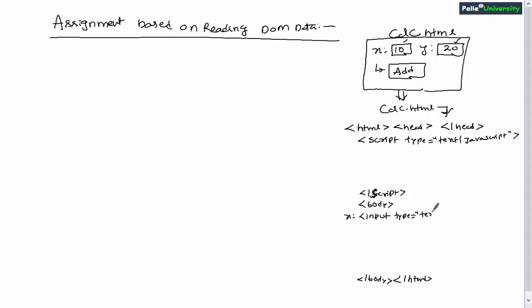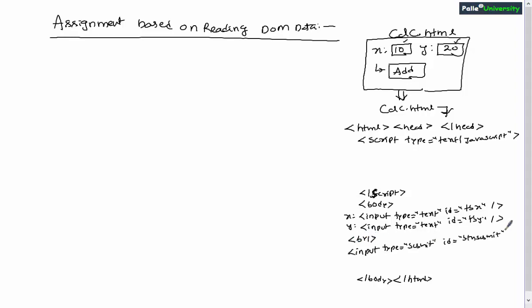Input type is equals to text, ID is equals to, assume it as tbx. Next Y, input type is equals to text, ID is equals to tby, and probably br tag. Next input type submit, ID is equals to btnsubmit, value is equals to submit.